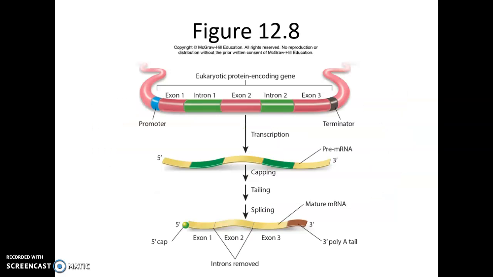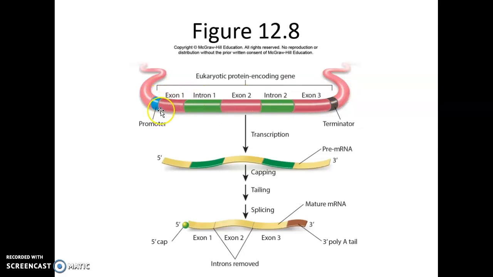A big part of eukaryotic transcription, translation, all the way through, is this processing of mRNA. This is a big difference in eukaryotes versus prokaryotes because prokaryotes do not do this part. There are three parts to it.